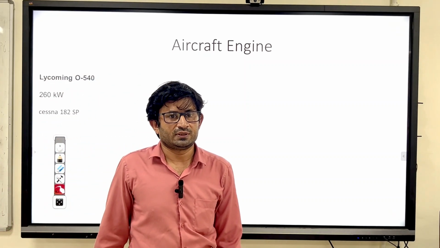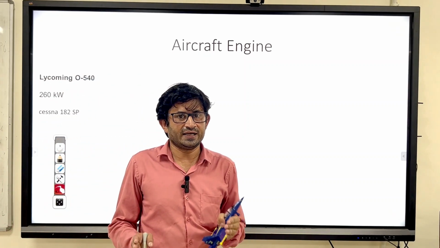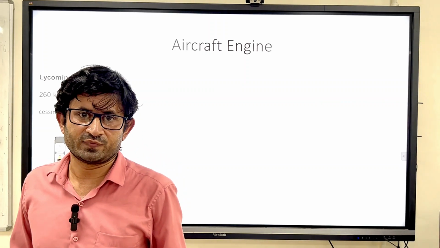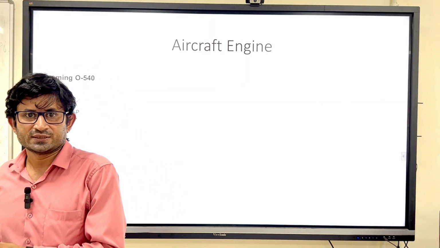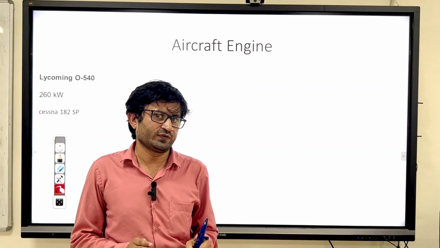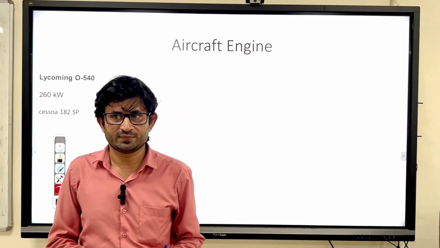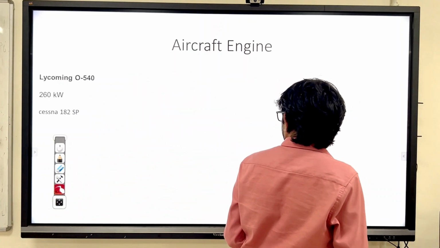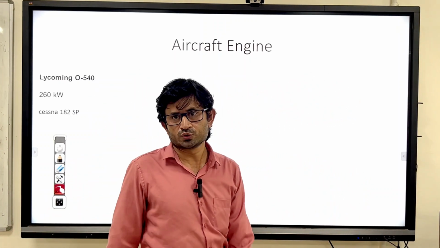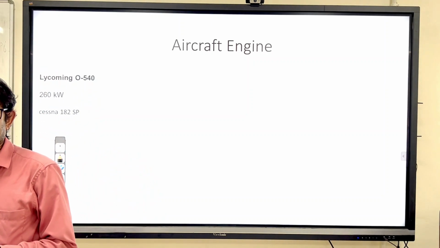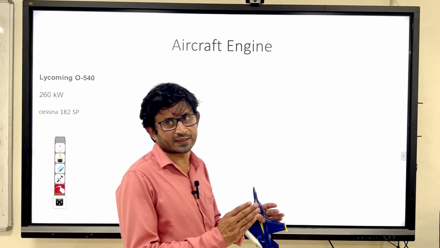So with this we can have an idea of what type of engine we should select for our aircraft, because that is an already proven engine, successfully installed, and the aircraft is successfully flown. So we can go with that engine, because ultimately in cruise the power we require is around 40 kilowatt. In this case it is 260 kilowatt, which is much more than enough to cruise and fair enough to climb.